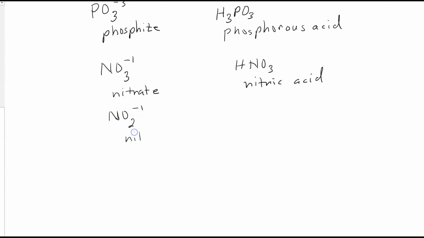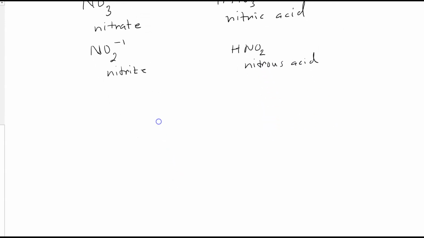That's nitrite. And we have HNO2, and that is nitrous acid. There are some others, of course, that we had looked at and that are in your book.